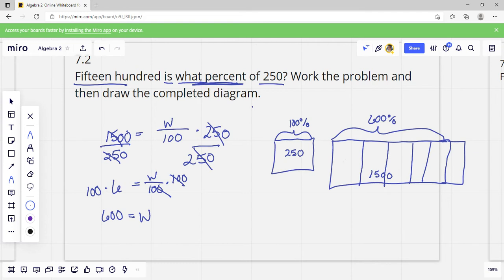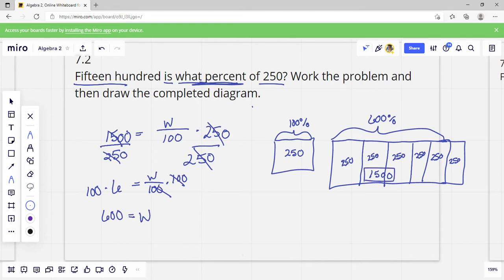So that'll be 250, 250, and so on. Because if we multiplied it times 6, we would get 600%. 250 times 6 is 1,500.